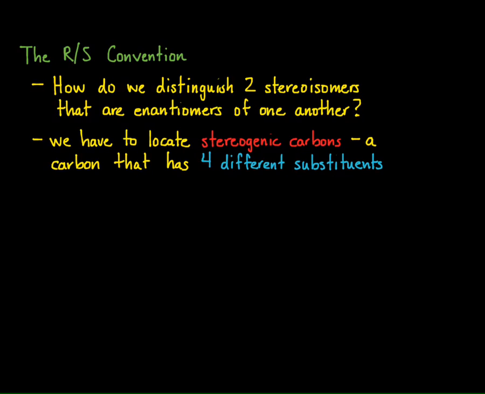So notice the key is that when we're talking about an sp3 hybridized carbon, that has to have four different substituents. So this eliminates any sp2 carbons or sp hybridized carbons. We're talking about stereogenic carbons are carbons that have four different substituents.